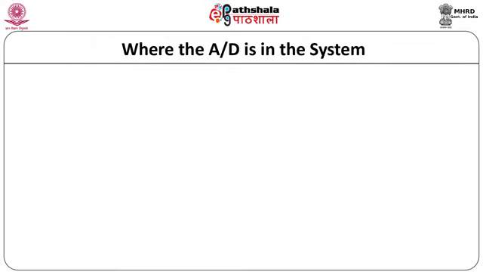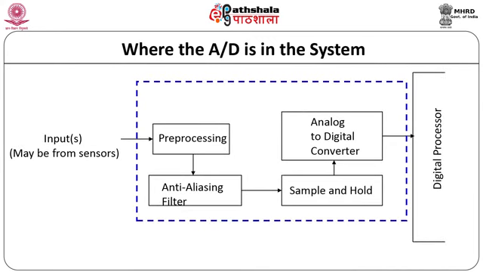In order to convert an analog signal into equivalent digital form, several aspects come into play. For example, the analog signal may be a weak signal, or a fast changing signal, and that is why the block diagram for an AD system is shown here.